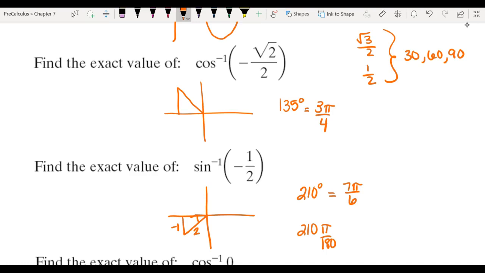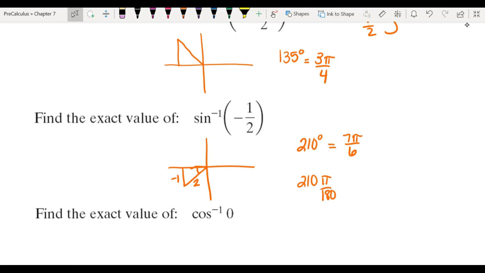Which, if you want the pi version, you multiply it by pi over 180. Each of these are divisible by 30. 210 divided by 30 is 7. 180 divided by 30 is 6. Remember, your calculator would reduce that for you. Do you guys remember how to reduce them on your calculators? Okay, remember it's 210 divided by 180. And then math, arrow fraction. Okay?